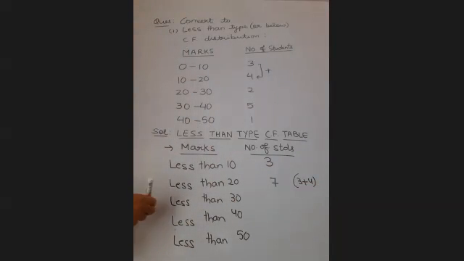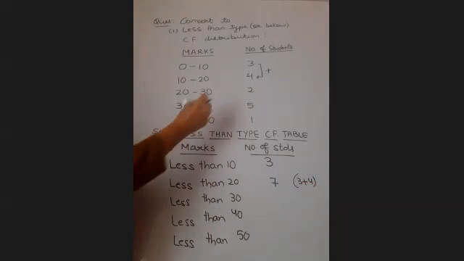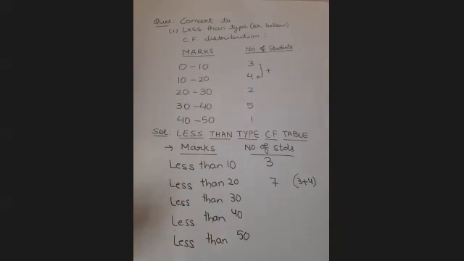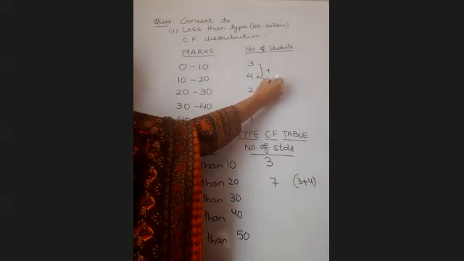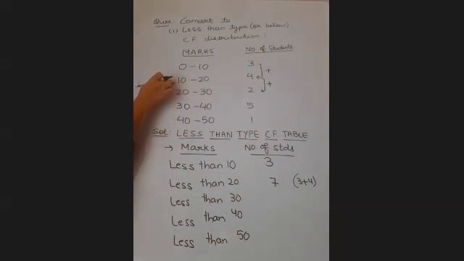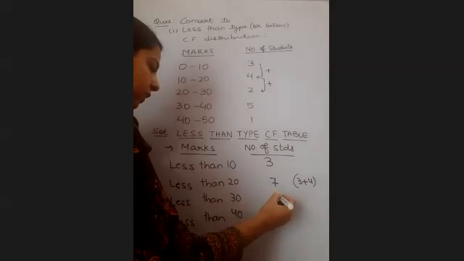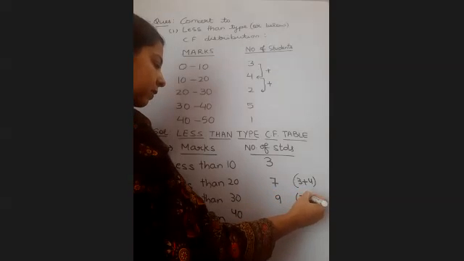Yes, ma'am. Now next statement is how many have got less than 30? कितने बच्चों के मार्क्स 30 से कम हैं? 9. Will all these be counted? Yes, because less than 30. This is also less than 30. So what is the new value with us? 9.